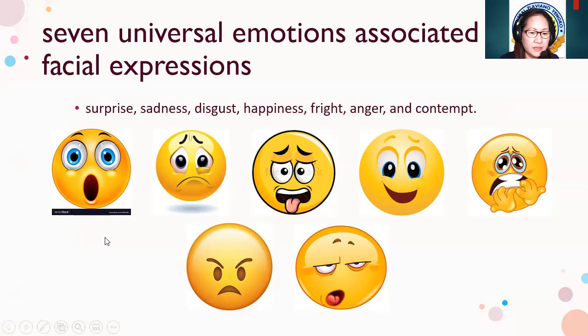So yung first picture natin is feeling surprised, no? Next is sadness, disgust, ayan. Naranasan niyo na bang maging disgusted sa isang bagay? Yan, happiness. Yan, fright, natatakot kayo. Anger and contempt. So that's the 7 universal emotions associated in facial expressions. Moving on.